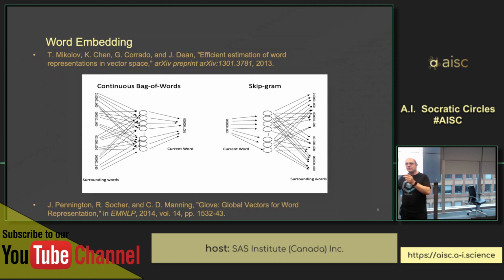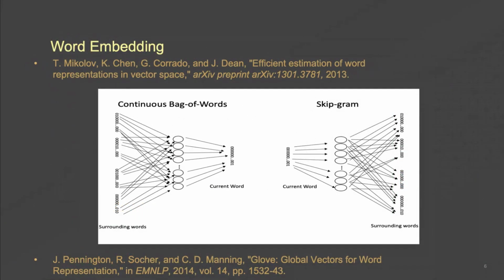I mean that we assume a fixed-size window moving through the text, trying to predict the current word based on the surrounding words. In the other architecture, skip-gram, it's vice versa. It predicts the surrounding words based on the current word.